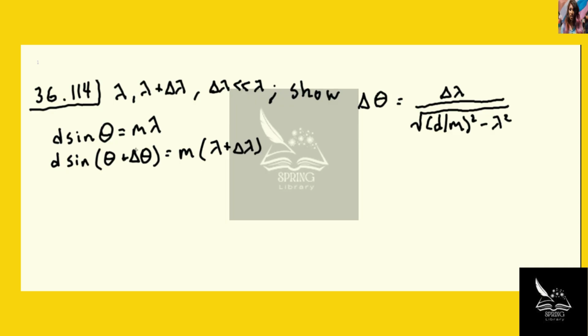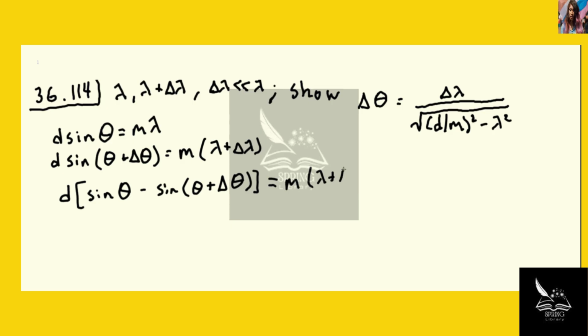So if we subtract this from this, we get d times sine of theta minus sine of theta plus delta theta is equal to m times lambda plus delta lambda. Wait, I have these backwards.